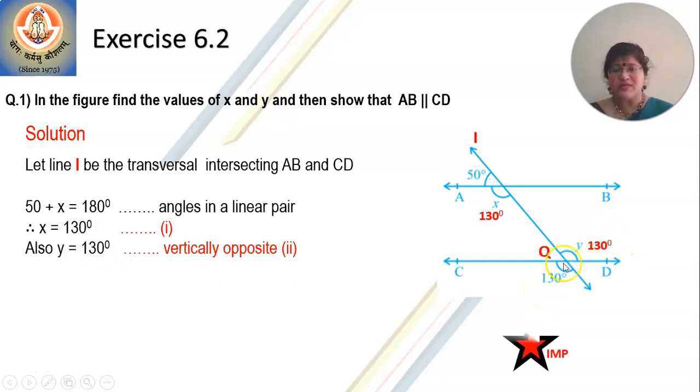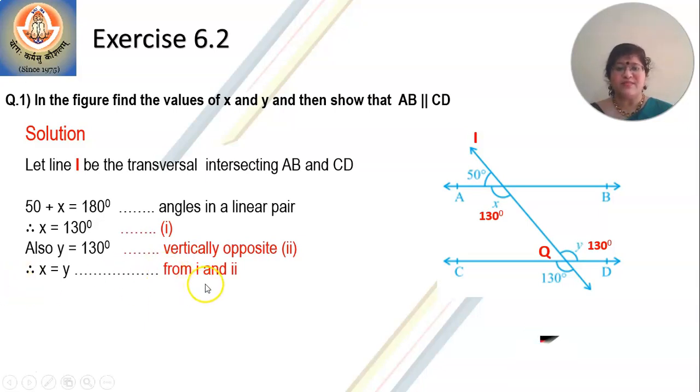I repeat, because it is vertically opposite to this angle. Clear? Now look at statement 1 and statement 2. What do you notice? X is equal to 130 degree and y is equal to 130 degree. That means their values are the same, their measures are the same. So what can you conclude about x and y?